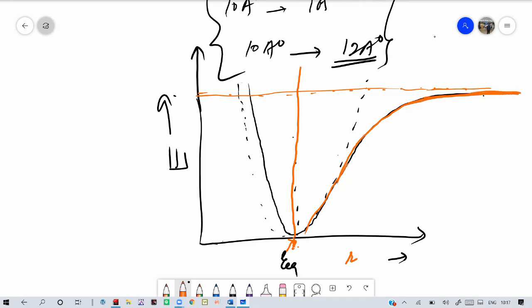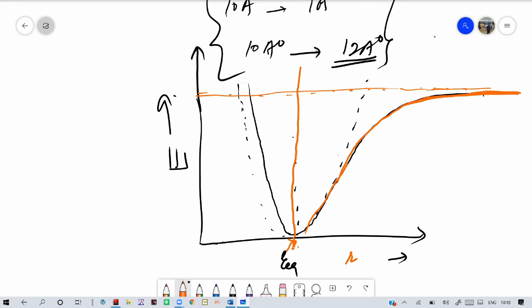Now, when you increase the energy, the atoms are separated from each other, and it becomes independent of the incident energy. There is no effect on the vibration spectra because the atoms are now broken apart, very far from each other. The individual vibration has no effect on the other one.